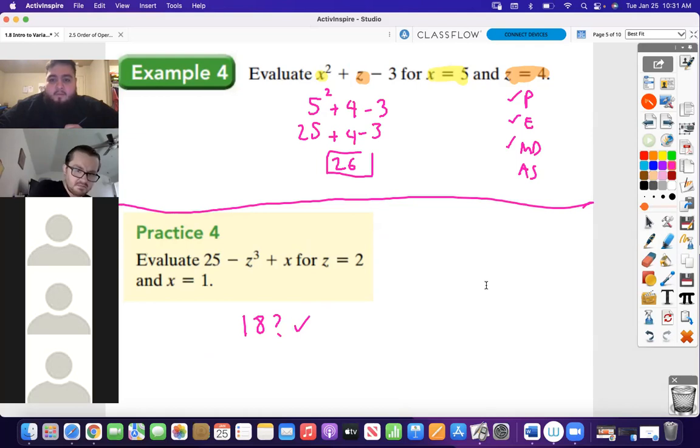Marlith agrees. Okay, a lot of people are agreeing. Let me do this in my head real quick. What is it? 17. Oh, okay. Yeah, it is. The answer is 18, class.